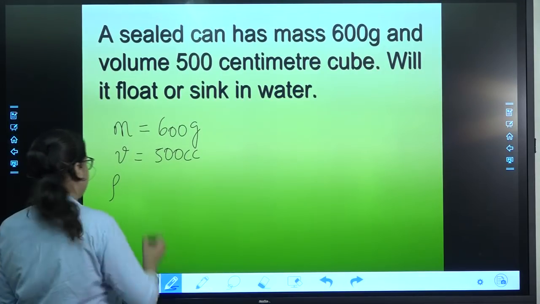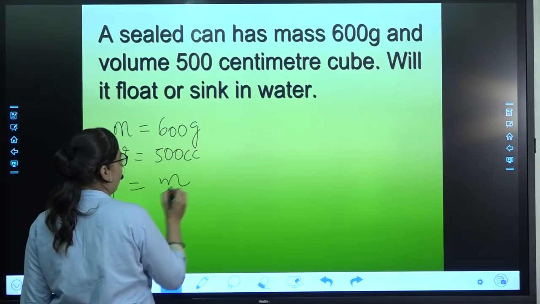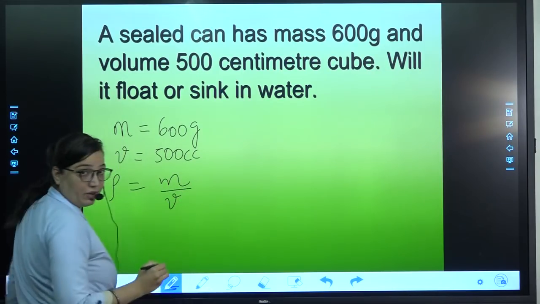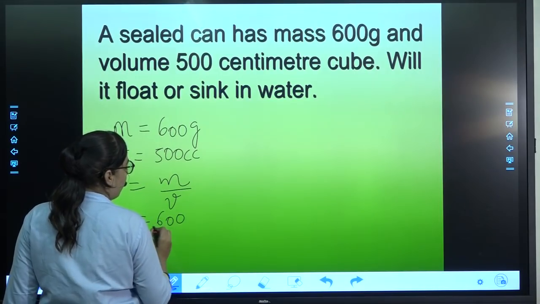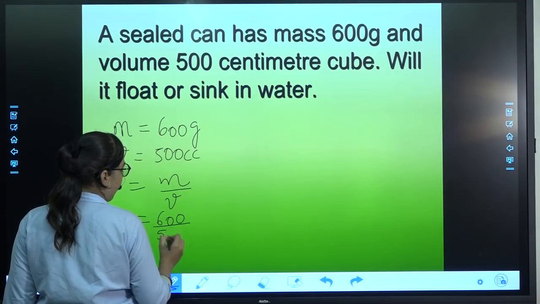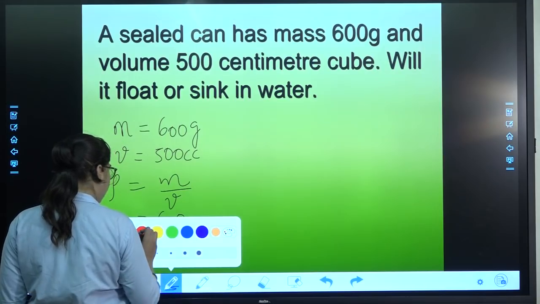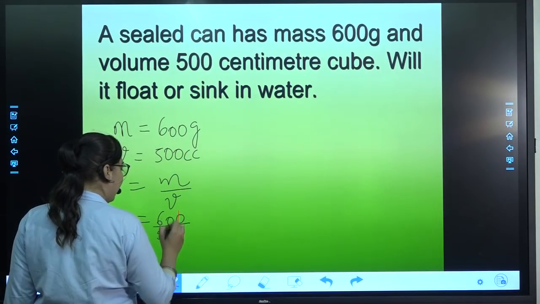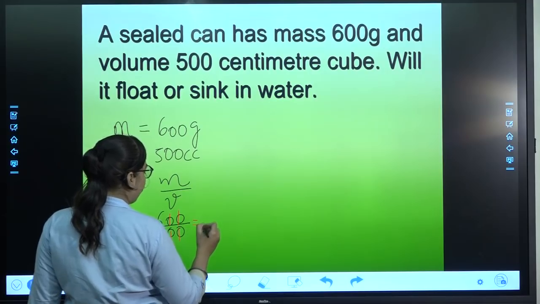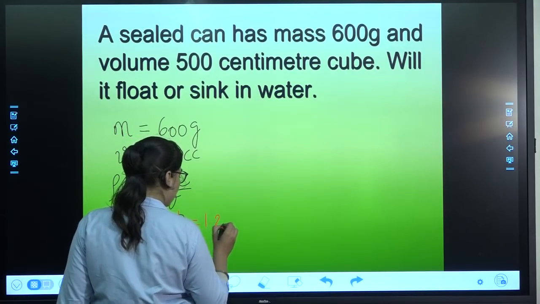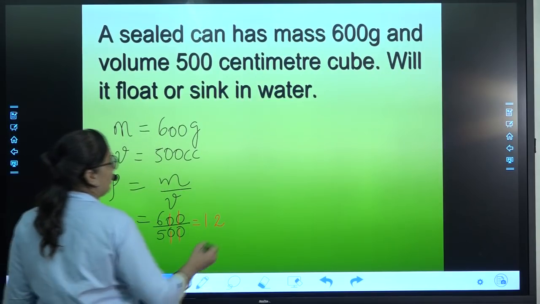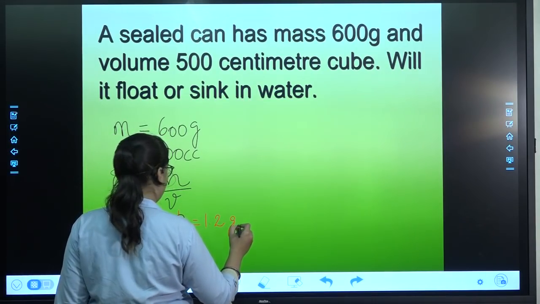Density of the object is mass upon volume. Alright, what is the mass? 600. Volume 500. What will happen? 0, 0 will get cancelled out. 6 by 5 is 1.2 gram per centimeter cube.